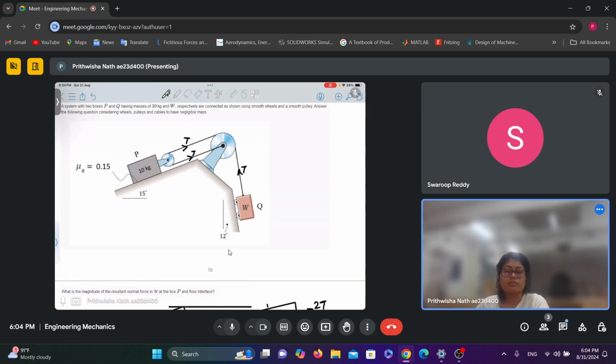The direction for frictional force will be reversed, right? Earlier the block P was moving down and now it is going up. So the direction for frictional force will just be reversed. So can you just try solving this? You just need to reverse this direction and follow the same process.